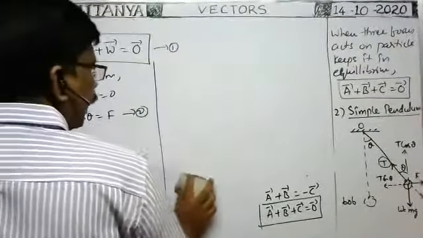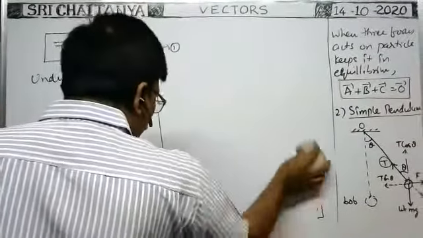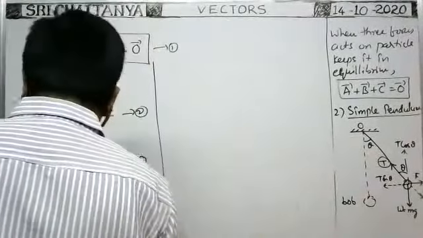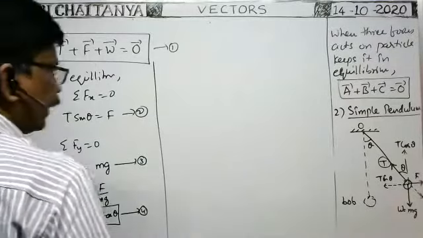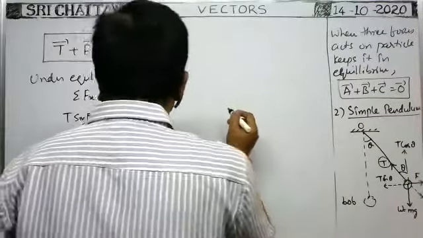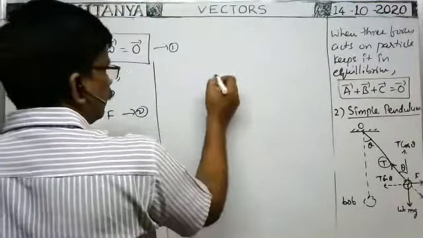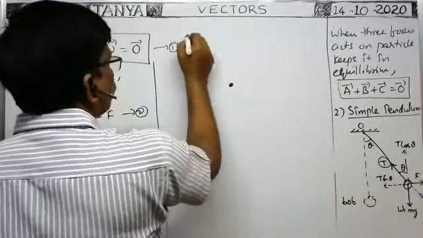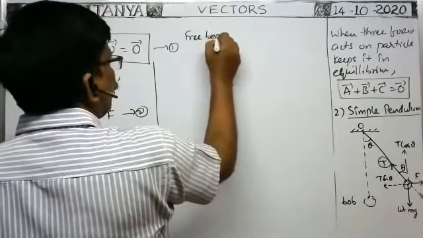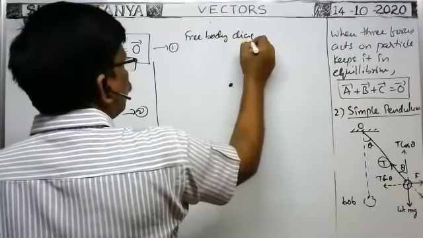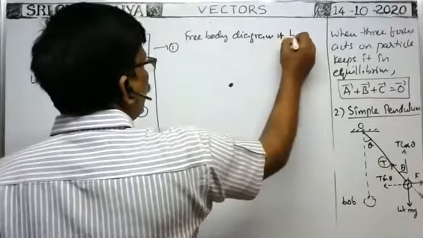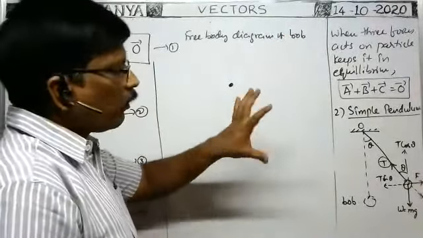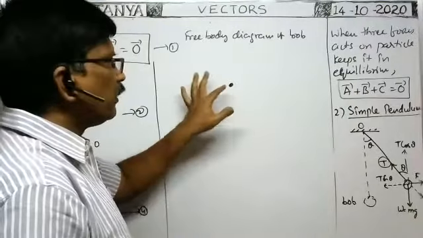When three vectors act on a particle in different directions and keep the particle in equilibrium, then we can apply Lami's theorem. How can we apply it? Suppose this is the bob of the pendulum. Free body diagram of the bob: whatever the size of the bob, it can be represented with a point mass, a point size.